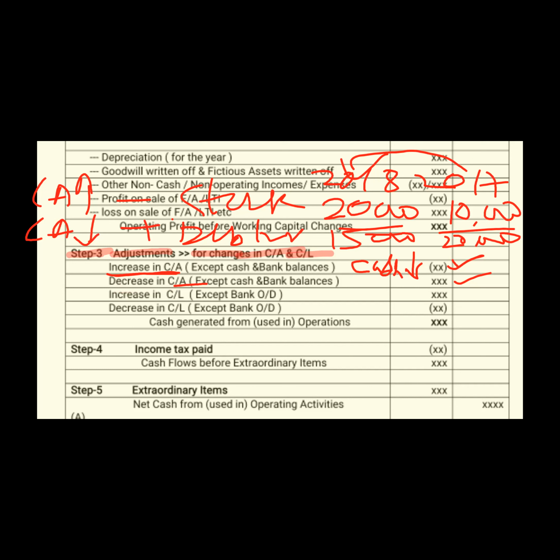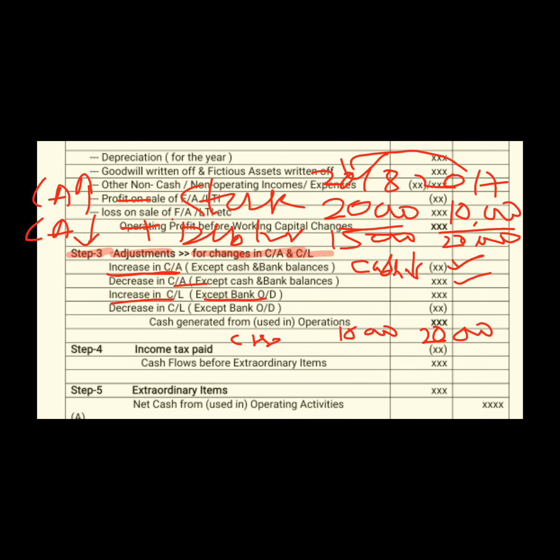Next, increase in current liability. Creditors, you get this in the question. Suppose creditors are 10,000 at present, previously it was 20,000. Is it increasing or decreasing?